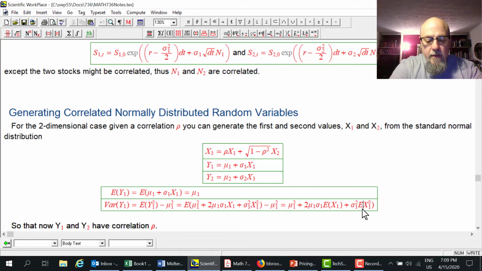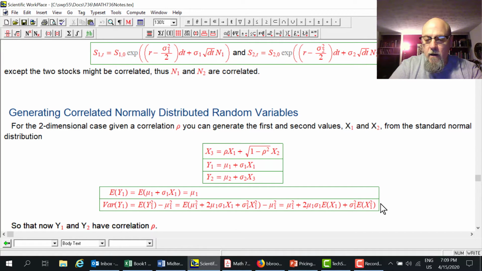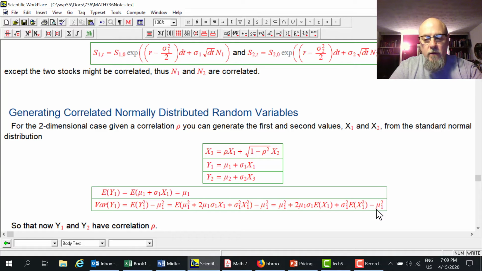And here we've got then the expected value of x squared. And I still have this minus mu1 squared. All right, now this mu1 squared cancels this minus mu1 squared.